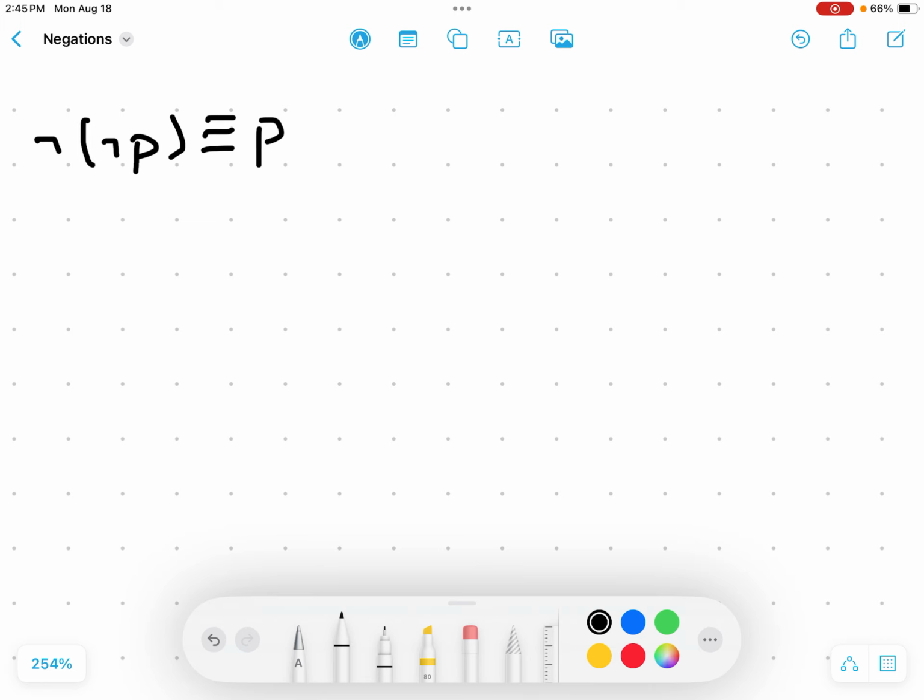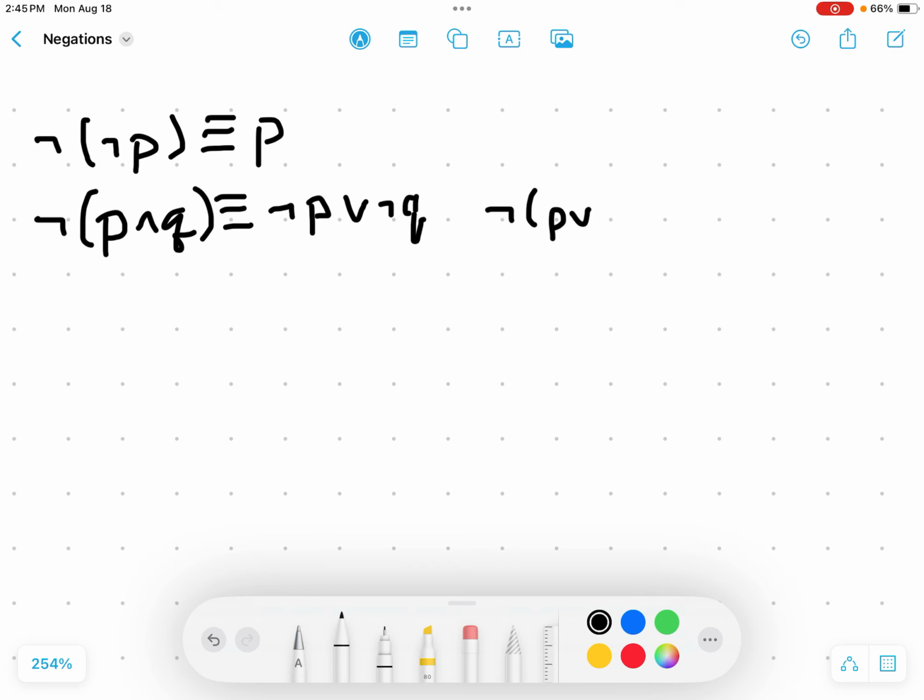If we have something that looks like not (P and Q), based on De Morgan's laws, that's going to become not P or not Q. In some ways, negations tend to flip everything that we've got originally. So likewise, if we've got not (P or Q), that turns into not P and not Q.